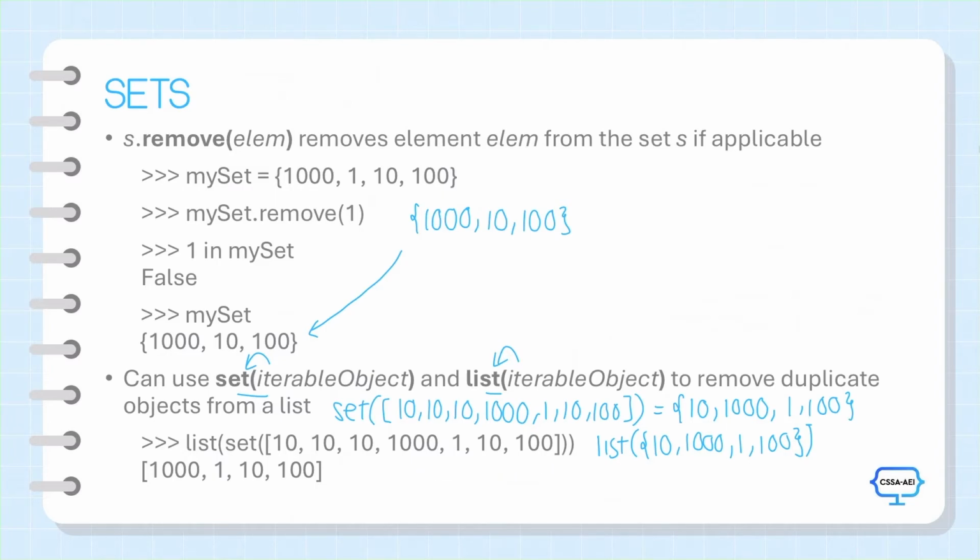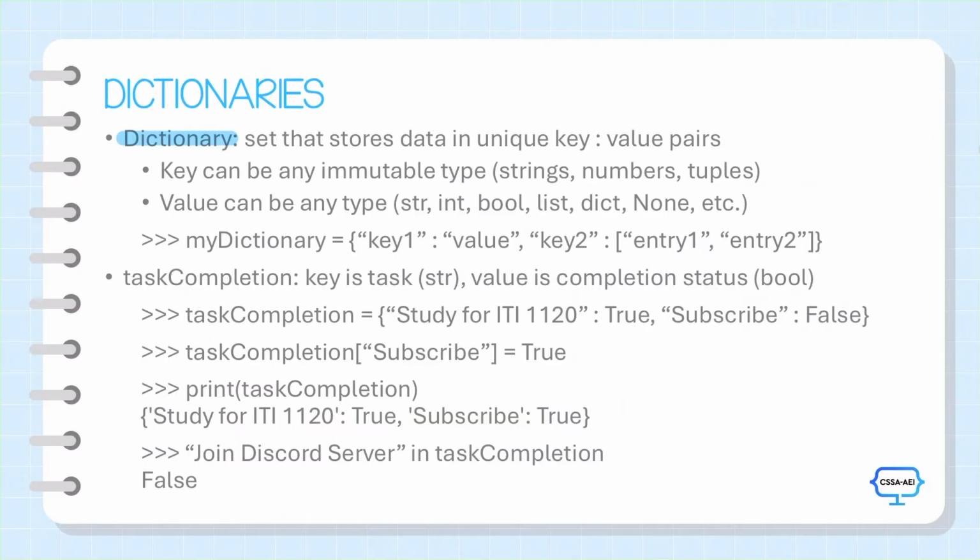Remember, sets are unordered, so my set could have also looked like this, which matches that solution, and then when I turned it into a list, it would have turned into that as well. Okay, next let's move on to dictionaries. These are like sets. They just store data in unique key value pairs.